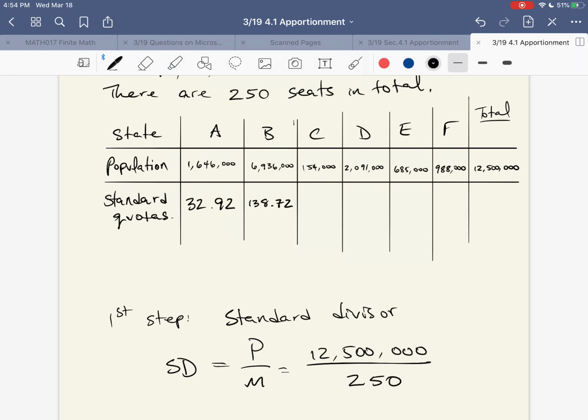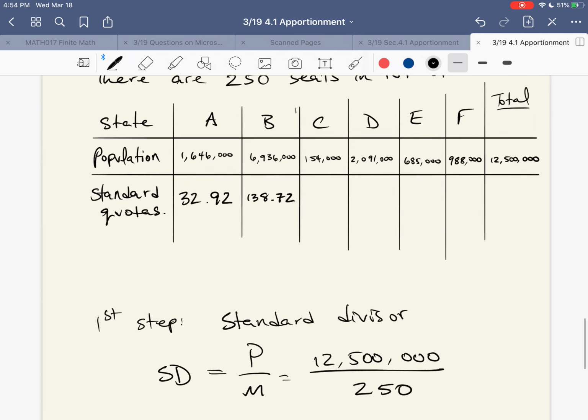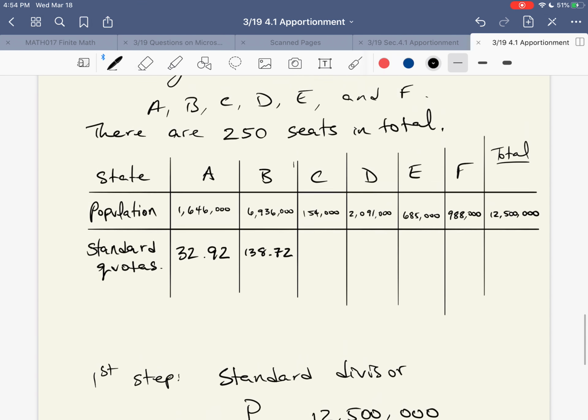Now you'll notice that this looks right. State B had maybe 4 times the population of state A, and so their standard quota should be roughly 4 times as big, and indeed it is. So that's how these things play together.